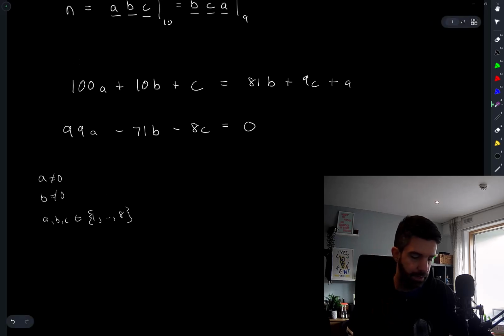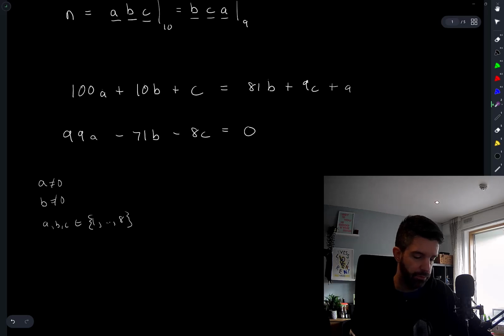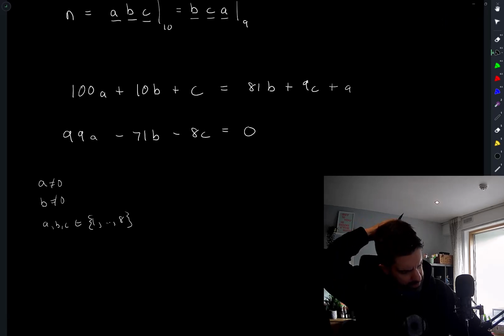I'm just looking here at the difference between, so if A and B were both equal to 1, for example, then this difference becomes 28, which is not a multiple of 8. What if I did something mod 8?